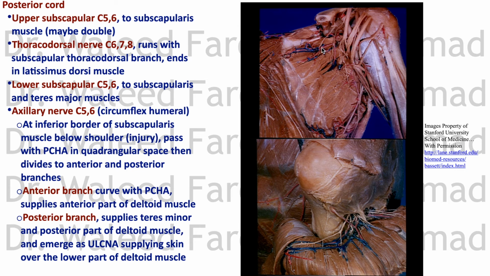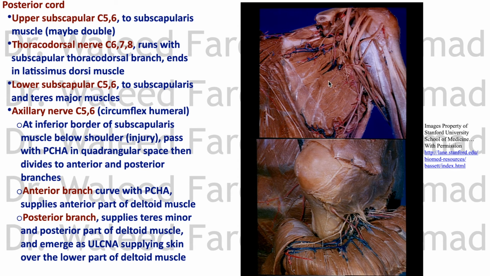You can see the branches here, the upper subscapular. The lower subscapular nerve is this one, the thoracodorsal is this one. The upper subscapular to subscapularis, the thoracodorsal nerve runs in subscapular with the thoracodorsal artery, ends in the latissimus dorsi muscle.